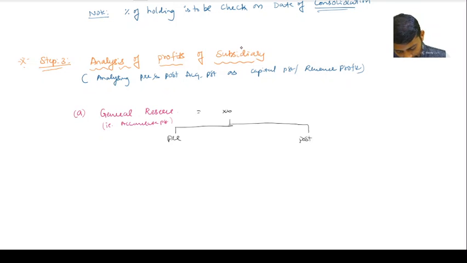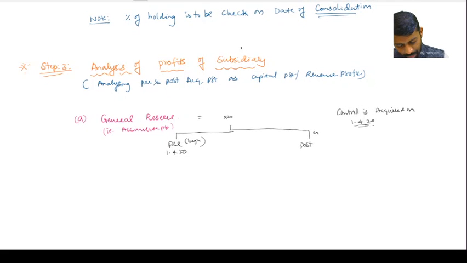Suppose control is acquired on 1-4-20, that means it is 1-4-20. So it is what we call the beginning. Post means this is the current year.